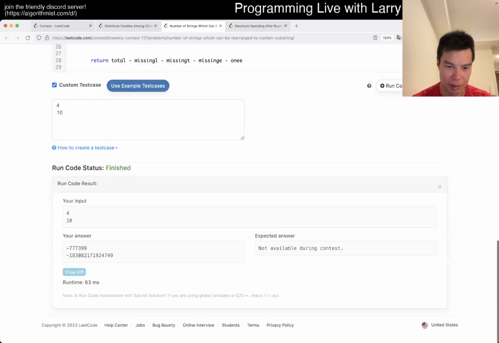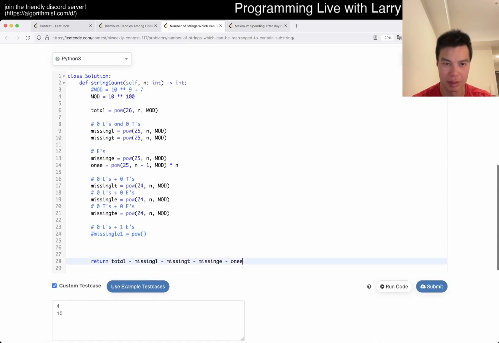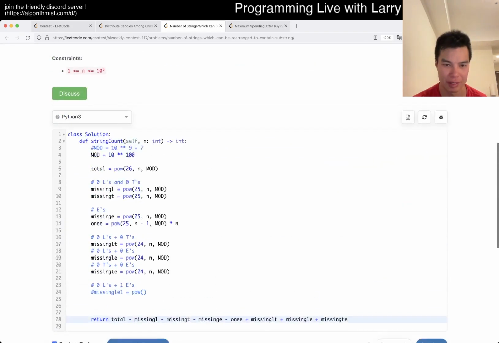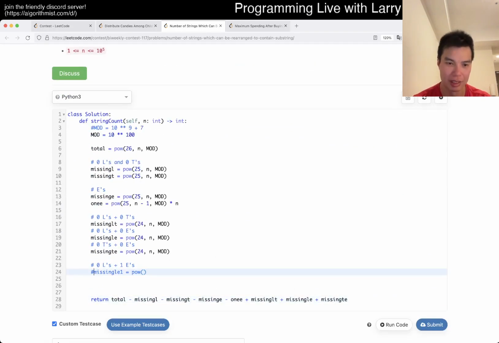Let's see something real quick. No. Let's say we add back. Does that look okay? That is ridiculous. Okay, fine. But this is why you have increased. Okay, and then now this part is okay. So you have 1 Y but no L, so you have 25. Oh yeah, okay. That should be okay. So then now it's just 24 to the n minus 1 mod times n, right?